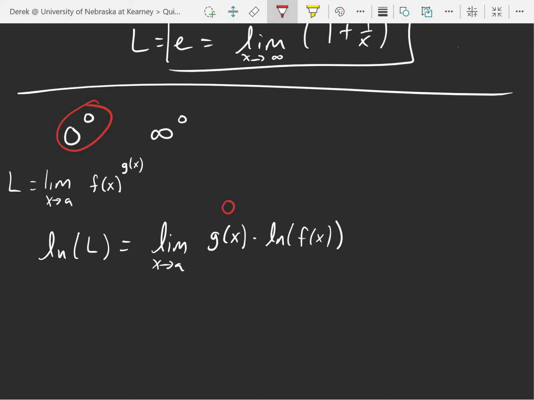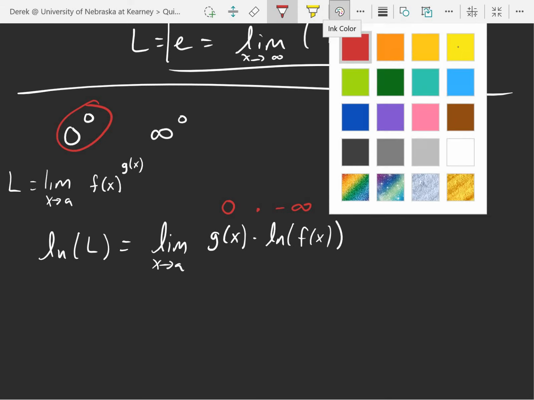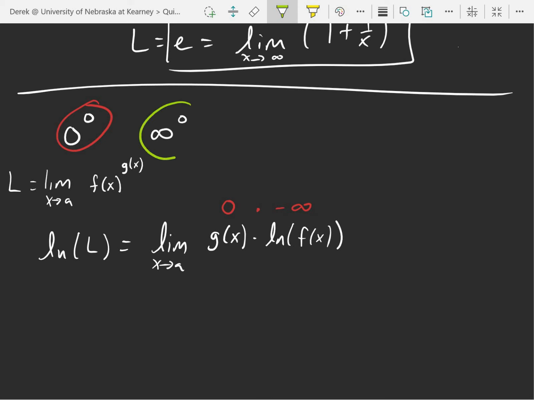The natural log of the base, the f of x, this would go to negative infinity, so you end up in the 0 times negative infinity case, or the other case, if you're doing this one, the exponent is 0 and the base, f of x goes to infinity, the natural log of infinity goes to positive infinity.